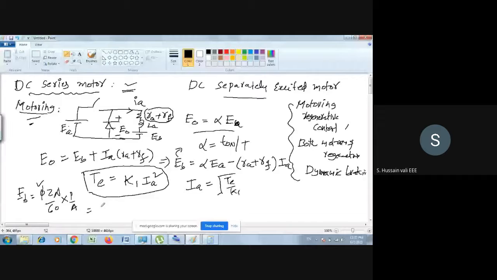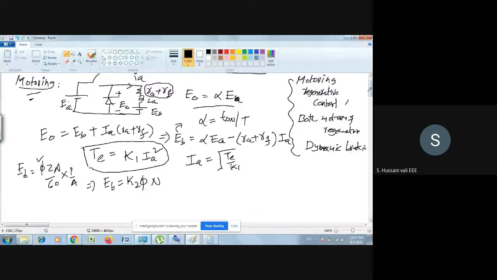So I will write EB is equal to some constant K2 into phi N. Then phi depends upon IA, so EB is equal to some constant K3 into IA into N. This you will get.